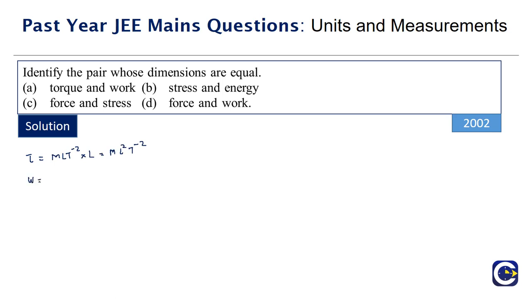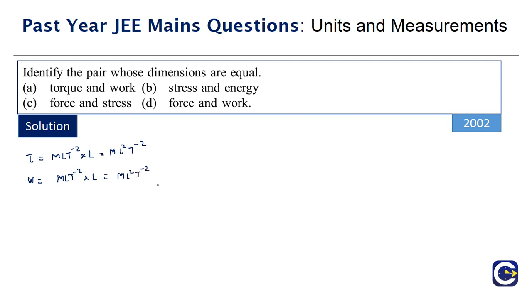Work is given by the dot product between force and displacement. Again, we'll have MLT^-2 into L. Displacement is, after all, the shortest distance between the initial point and the final point. So the dimensional formula will again be ML^2T^-2.